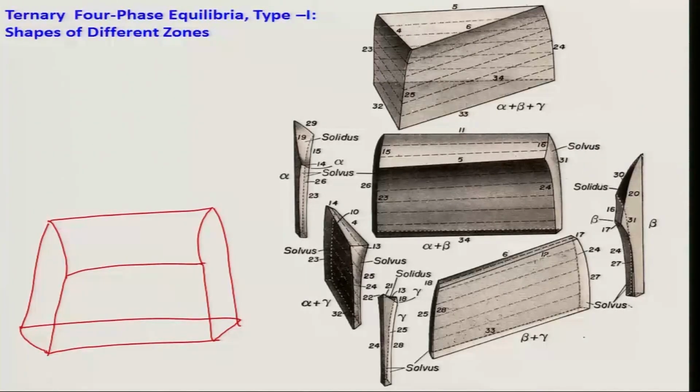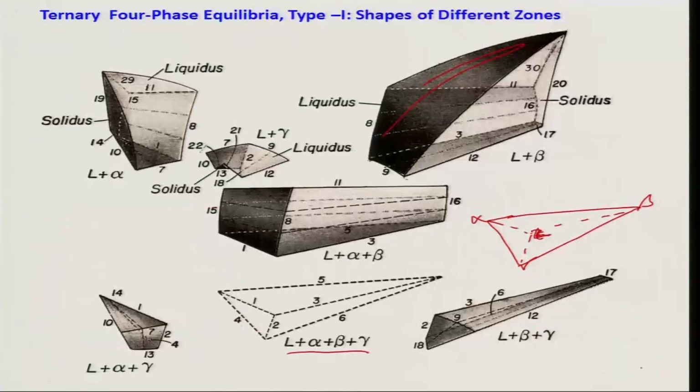You can clearly draw it, it is the same. Alpha plus beta is also very easy. So these two-phase solid mixtures are very easy, not difficult. The only problem comes with the three phase regions, which are a little bit complex, but you can practice and see that. Basically, you can take out these shapes from the 3D space model.